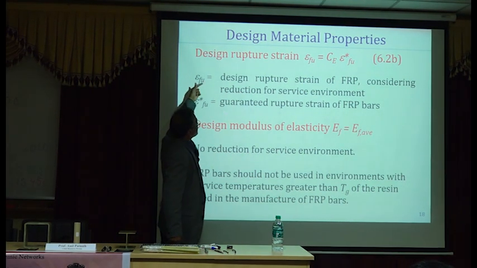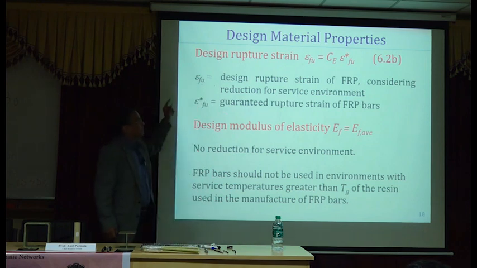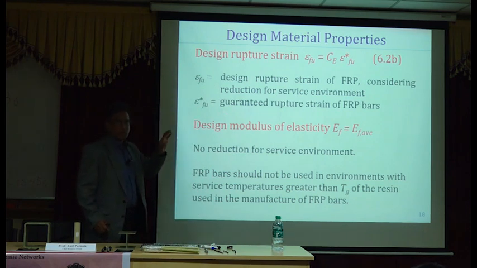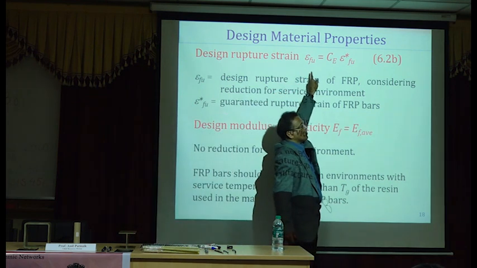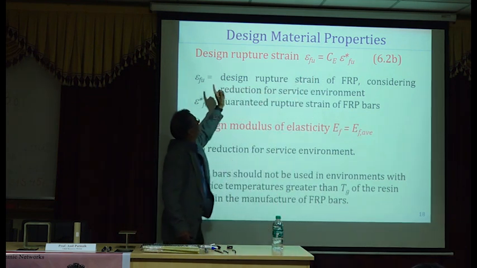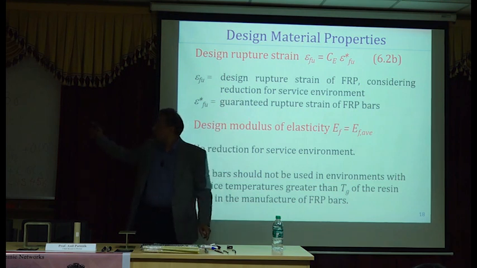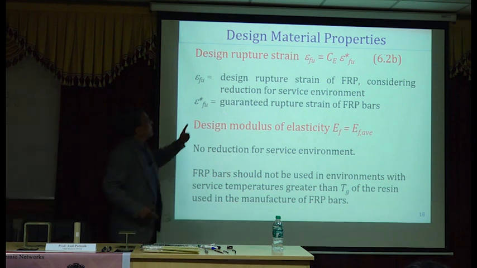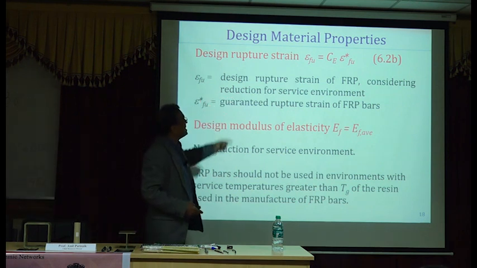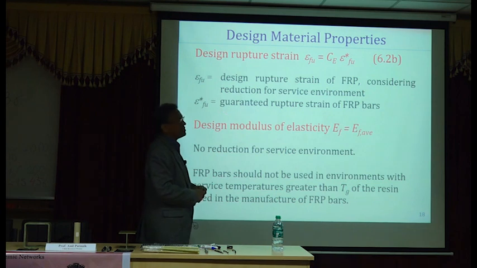But in case of FRP, we will use strains in some designs where we limit the maximum strain to a certain amount. That certain amount is epsilon_fu. What is epsilon_fu? It is the design rupture strain. The one with a star is guaranteed; when you have your C sub E, that's your design rupture strain.